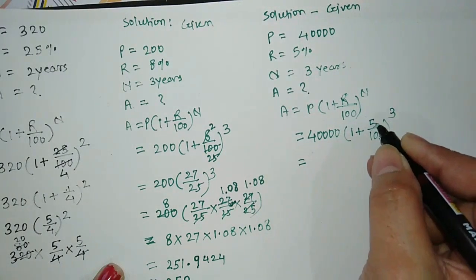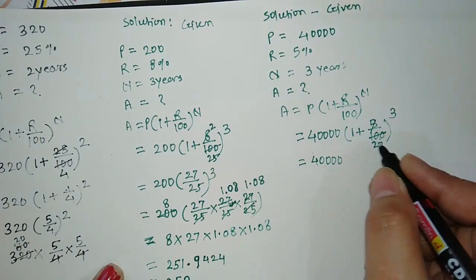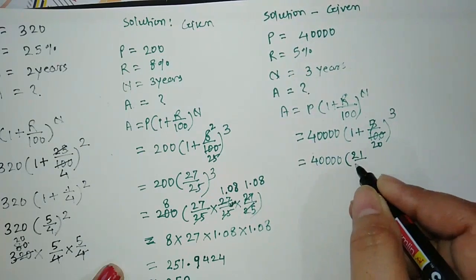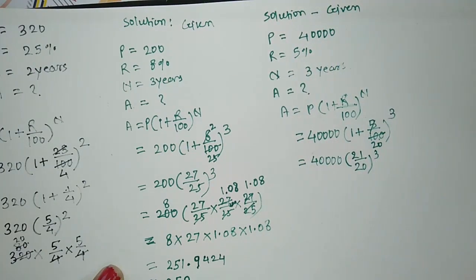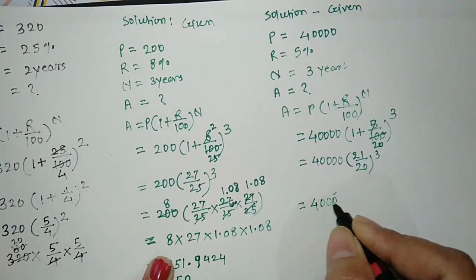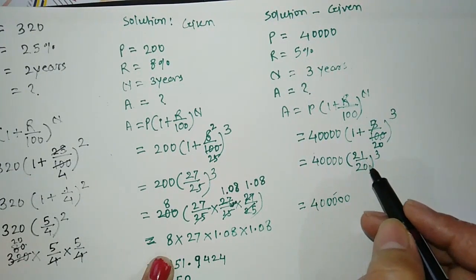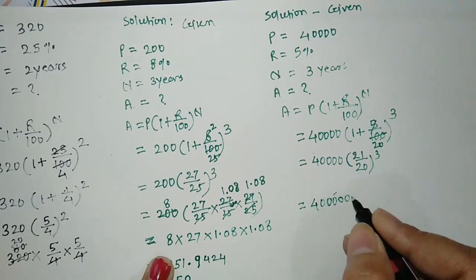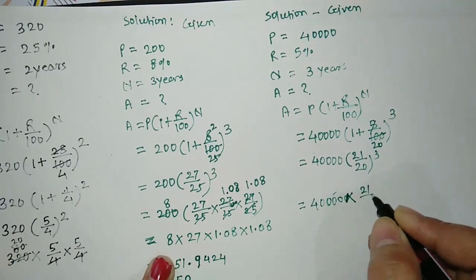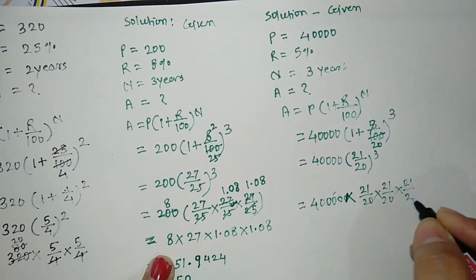So take the reduction here. 5 20s are 100. So 40,000 as it is. 20 ones are 20. 20 plus 1 is 21 upon 20 raised to 3. So here take the 3 times multiplication of 21 upon 20. 21 upon 20 multiply by 21 upon 20 multiply by 21 upon 20.